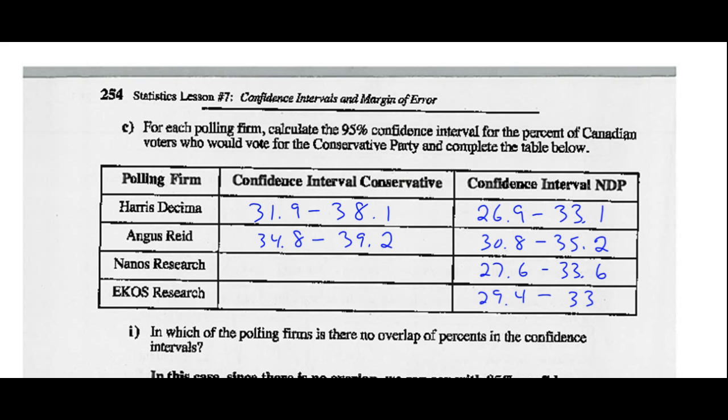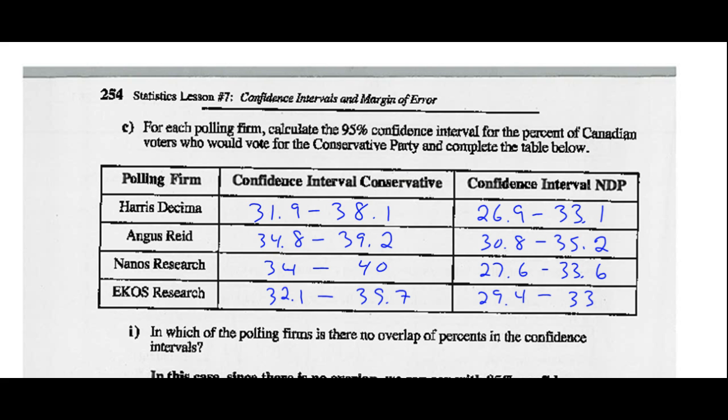Nanos Research had 37% of the vote going to the Conservatives with a plus or minus error of 3, so that would have been 34 to 40. And EKOS Research, 33.9% with a margin of error of plus or minus 1.8, so that would have been 32.1 to 35.7.